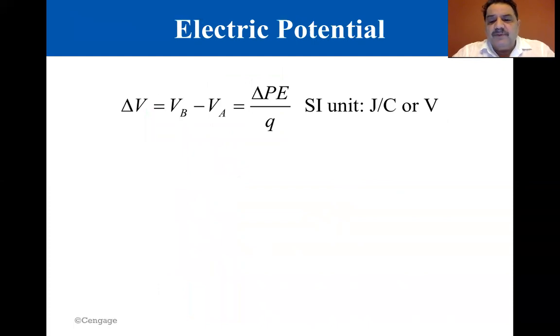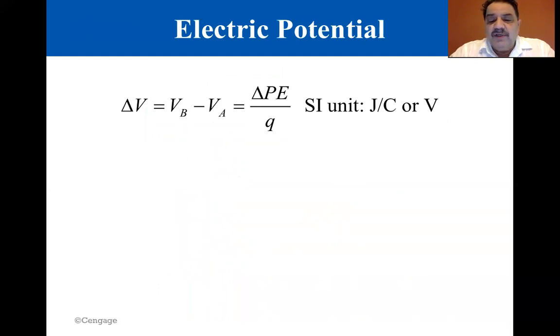Let's define an electric potential difference, delta V, between points A and B as the change in electric potential energy as a charge Q moves from A to B, divided by the charge Q. Because electric potential energy is a scalar quantity, electric potential is also a scalar quantity.